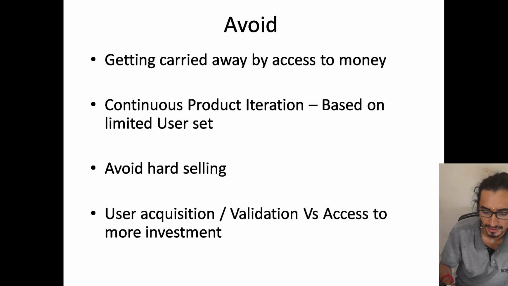The collaboration or access to investment can help you build something and go one step further towards acquiring a user. But if you are able to acquire the paying user with the MVP, then that's the better prospect.